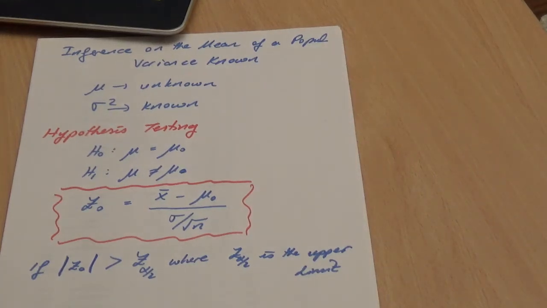This procedure is sometimes called one sample z-test. So we take one sample, and according to that one sample, we give a decision with the hypothesis testing.